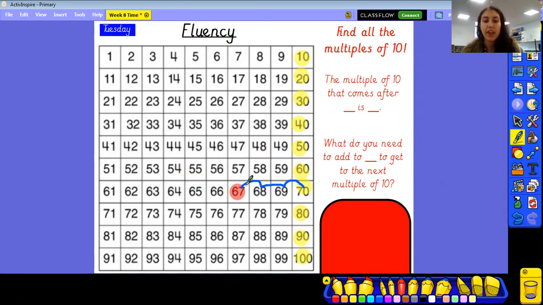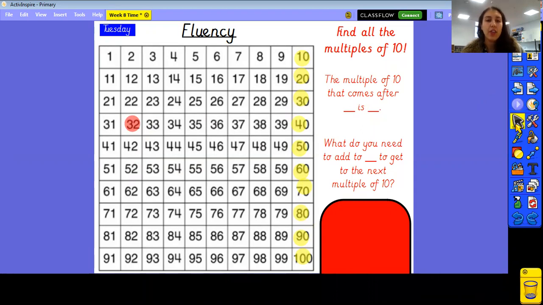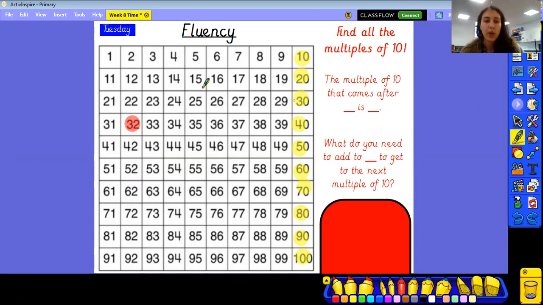So 67 add 3 takes me to my next multiple of 10. What about 32? What multiple of 10 comes after 32? And how many do I need to add to it to get there? Well done if you said I need to add 1, 2, 3, 4, 5, 6, 7, 8.